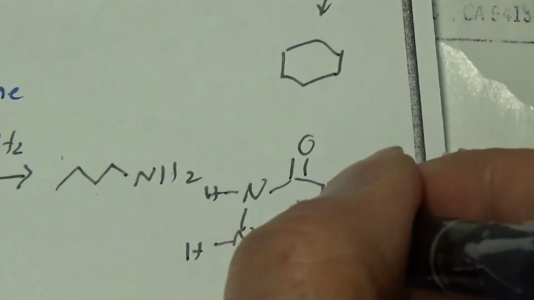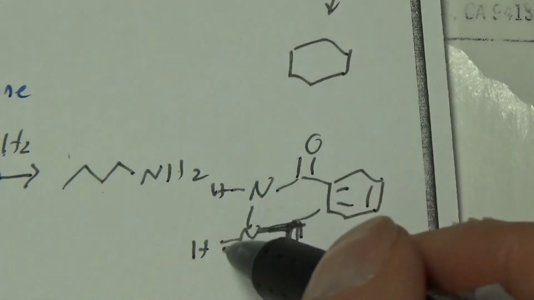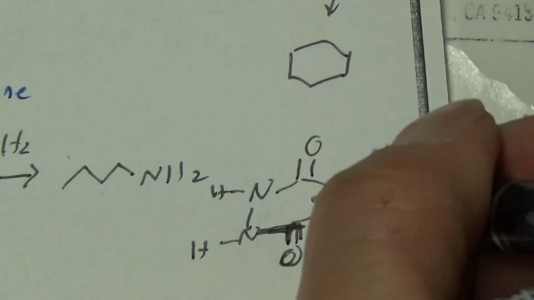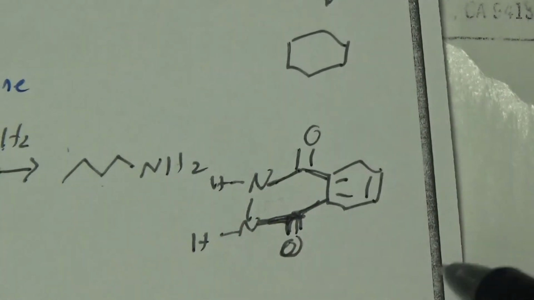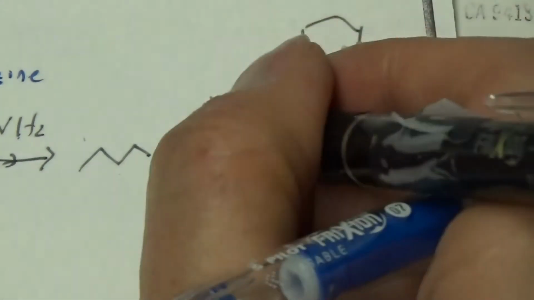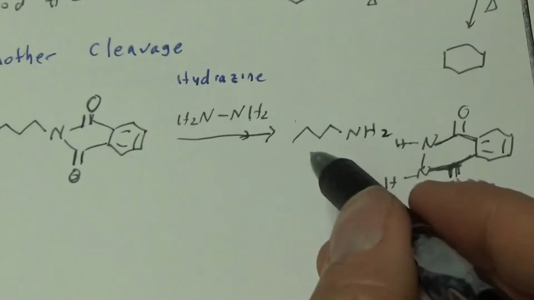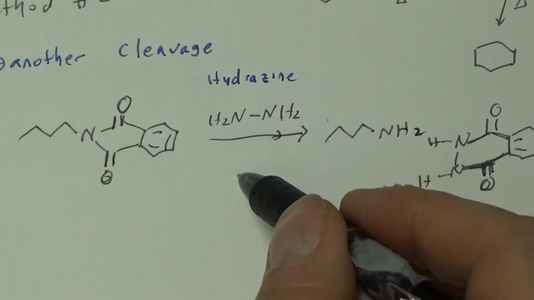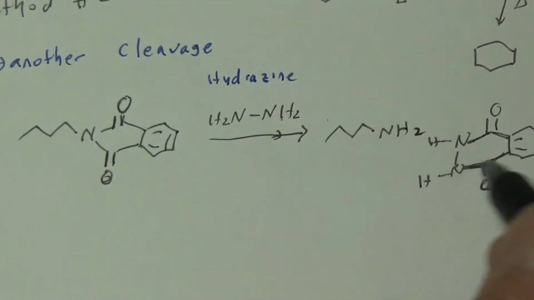So you got a benzene, and then this NH thing is attached to the two double bond O's. I didn't draw it too well, but you can imagine this is just a nice hexagon 6-member ring. Okay. All right. So that is another way to do the cleavage. I think it's milder, so you don't have to apply as much heat or time. Because it's such a good nucleophile, this is a pretty favorable reaction.